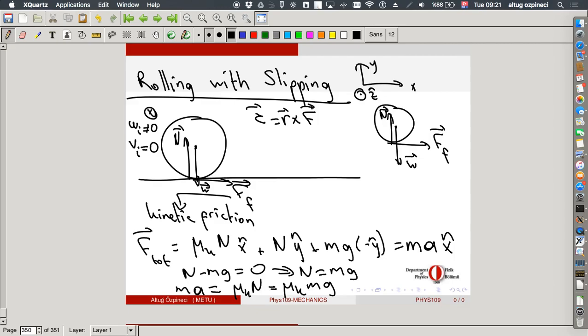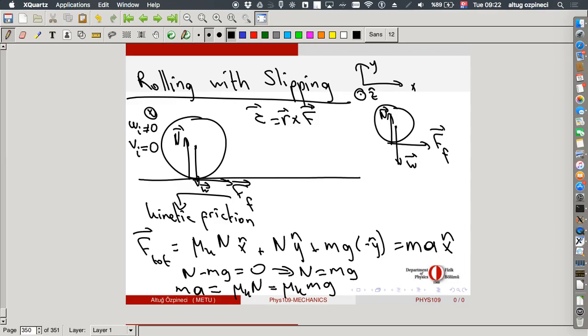The normal force is not acting at the center of mass, so R is non-zero and F is non-zero. But we are calculating the torque around the center of mass. The position of the point at which the normal force acts is at this point, whereas the normal force is in this direction.